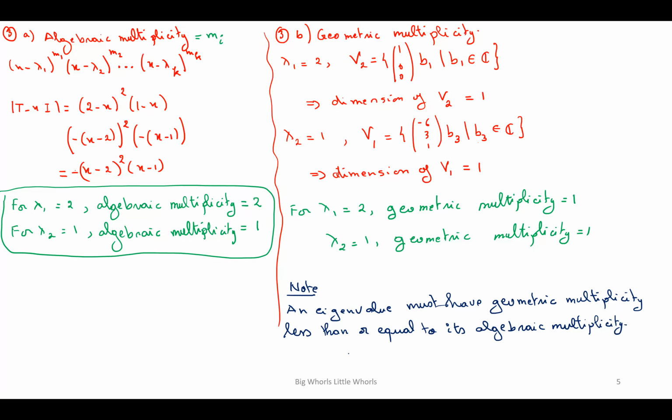So basically, the geometric multiplicity, if I can just write GM, should be less than or equal to AM. Okay, so good. Let's continue our questions.